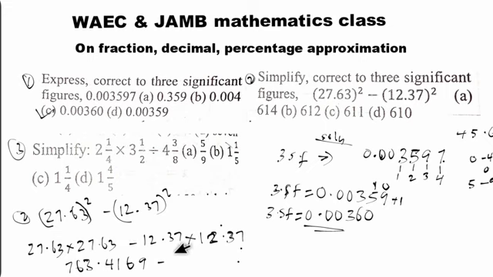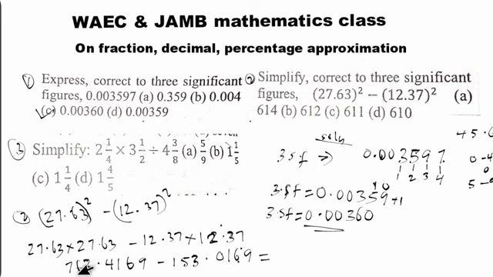Minus, so let's multiply this one also. 12.37 multiplied by 12.37. If we multiply this one, we have 153.0169 when you use the calculator.